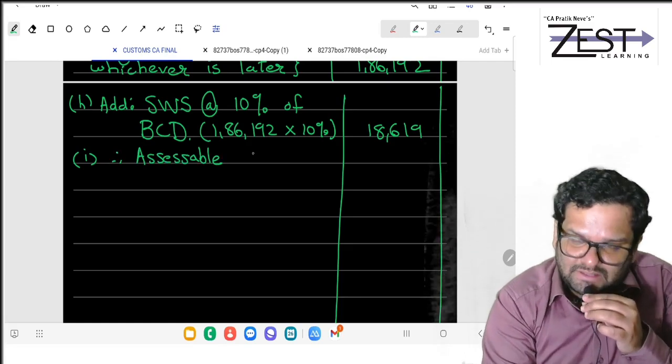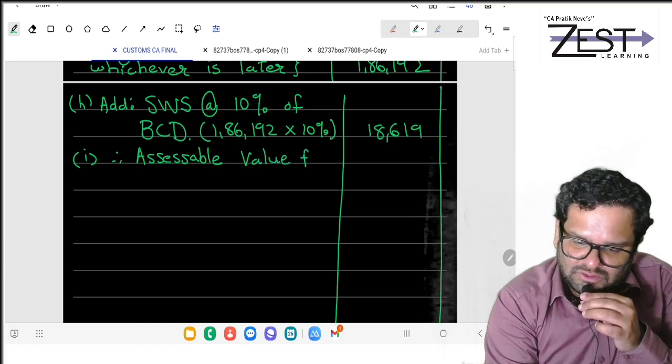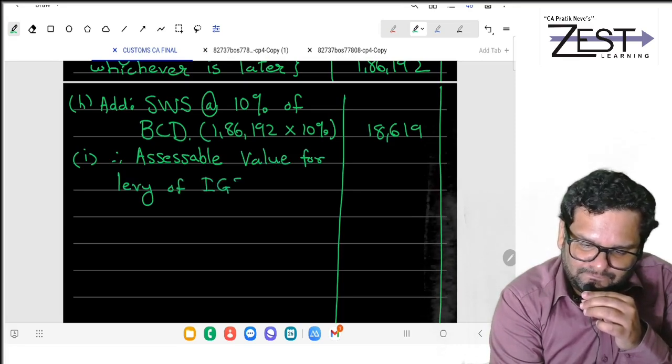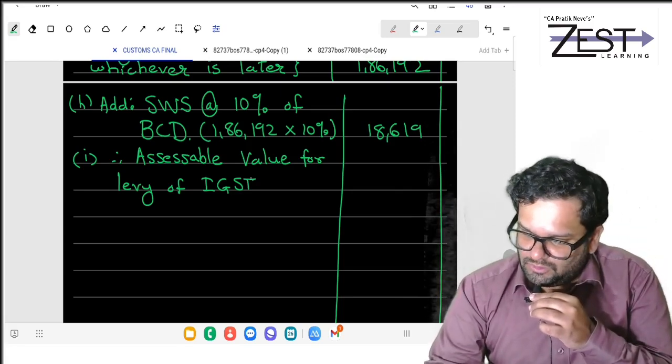Now you will get, therefore, assessable value for levy of IGST. So what it will be?